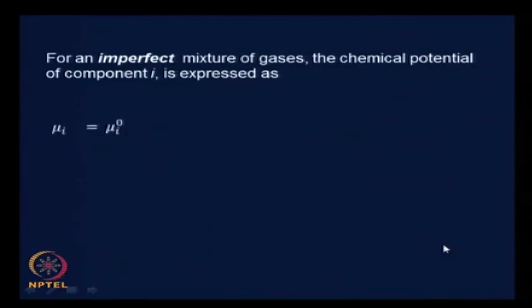For an imperfect mixture of gases, we said mu i equals mu i naught, which is still a function of temperature, plus RT ln f i hat. Here f i hat by Pi tends to 1 as the total pressure tends to 0. So these were the two hypothetical substances, perfect gas mixtures and imperfect gas mixtures, which are defined this way.